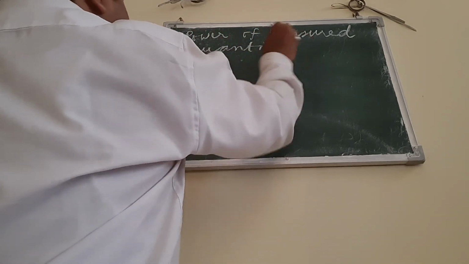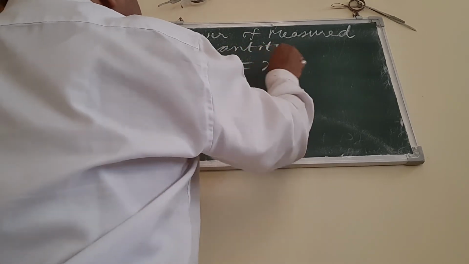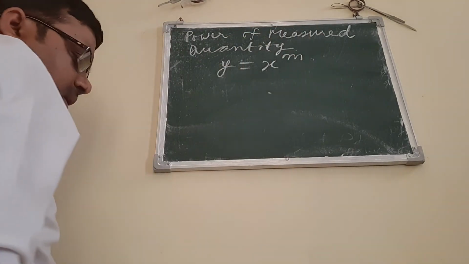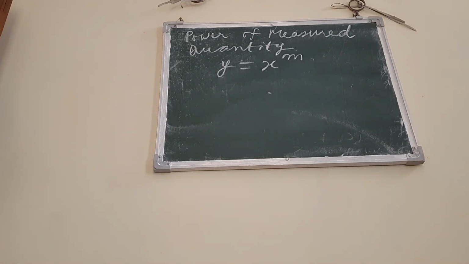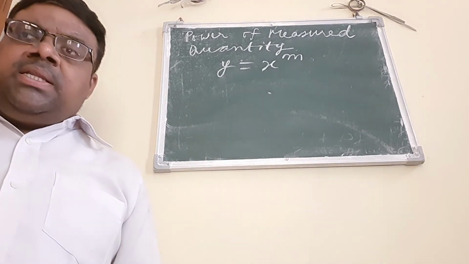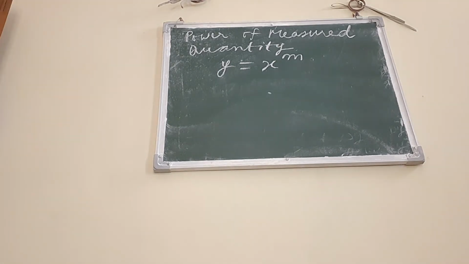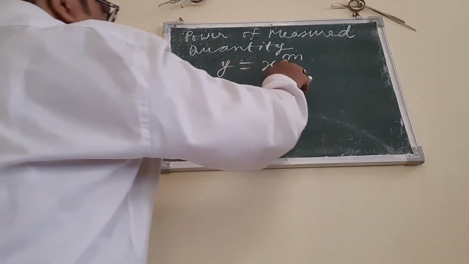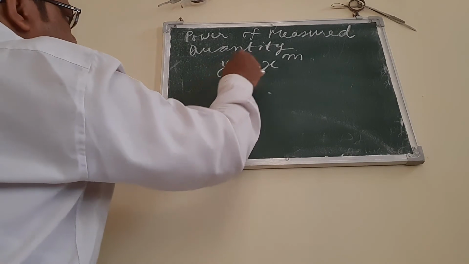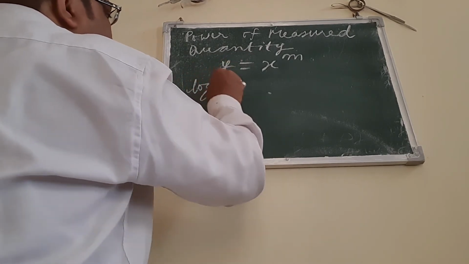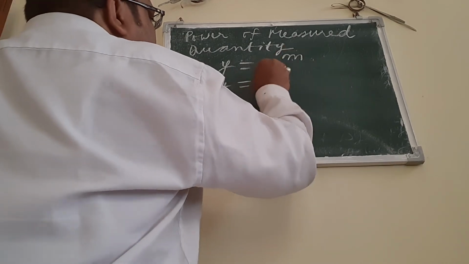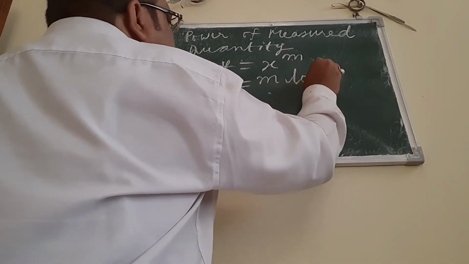So the power is y is equal to x raised to power m. Here, this is the expression. We have to find the combination of error when there is a power in the expression. So here x is raised to power m. So taking log on both sides, it becomes log y is equal to m log x.